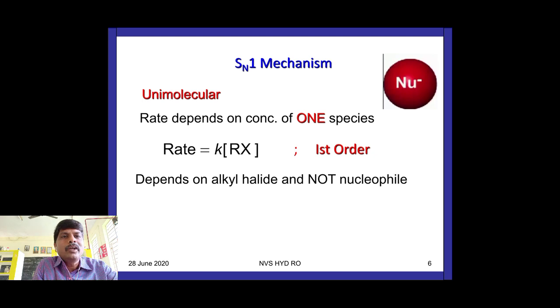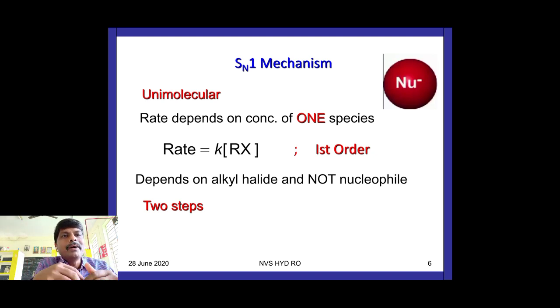It depends only on the alkyl halide, not on the concentration of nucleophile. So in SN1, that 1 stands for unimolecular, 1 stands for first order, and 1 stands for the rate depending only on one species, the alkyl halide concentration, not on the concentration of nucleophile.